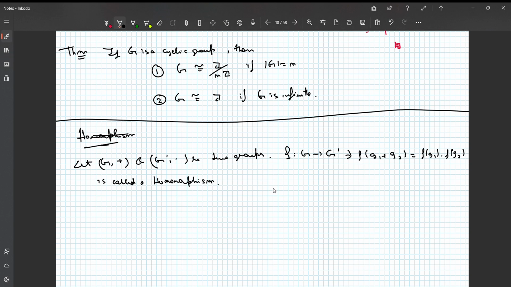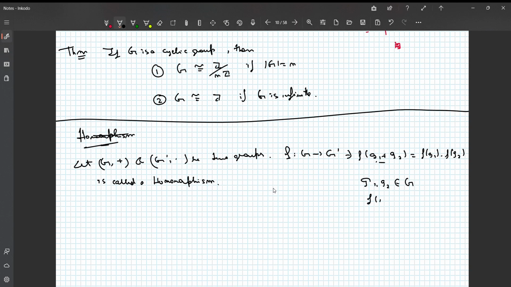The main thing to notice is that the operations are preserved under this function. G1 and G2 are elements from the domain, the group G, which has the operation plus, so G1 and G2 are composed with addition.